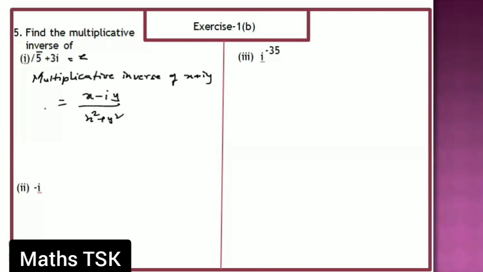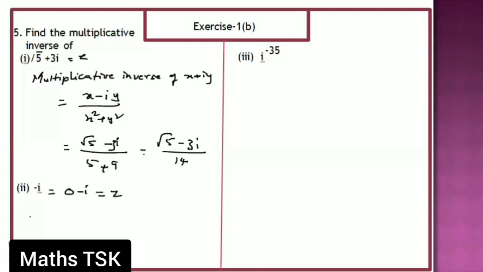Here x is equal to root 5 and y is equal to 3, so I can write it as root 5 minus 3i by x square is 5 plus y square is 9, so root 5 minus 3i by 14. This is the multiplicative inverse of this. So here you can consider this as 0 minus i as z.